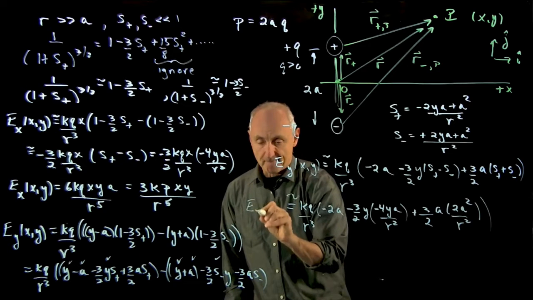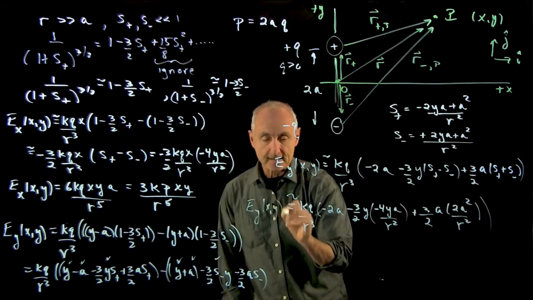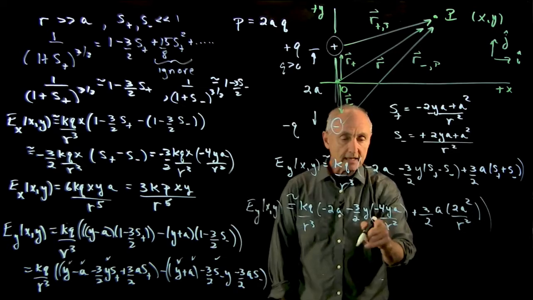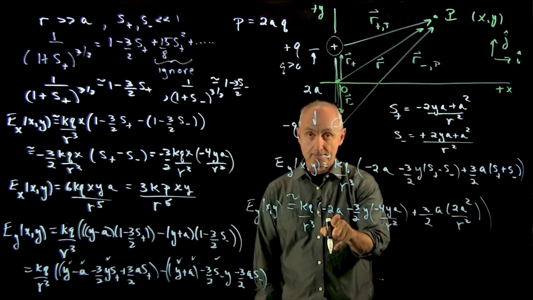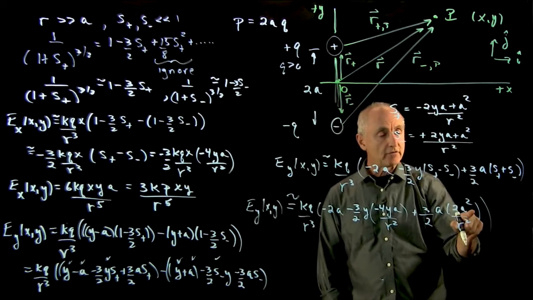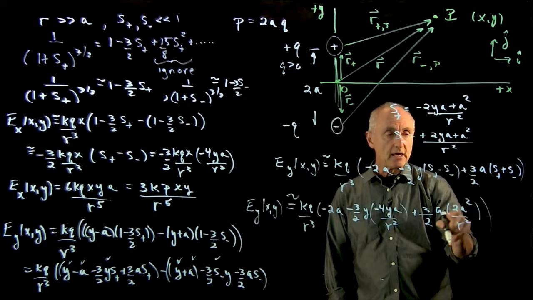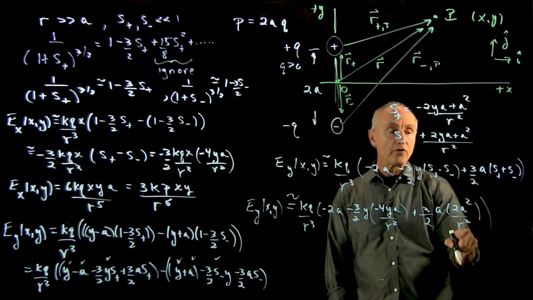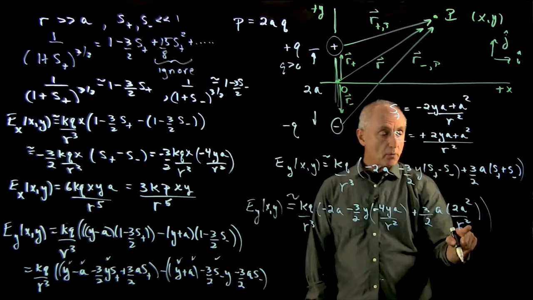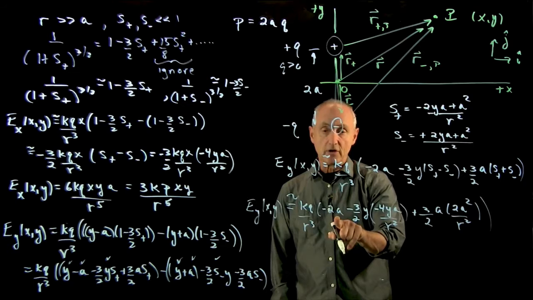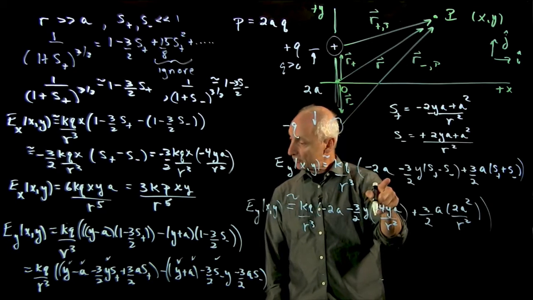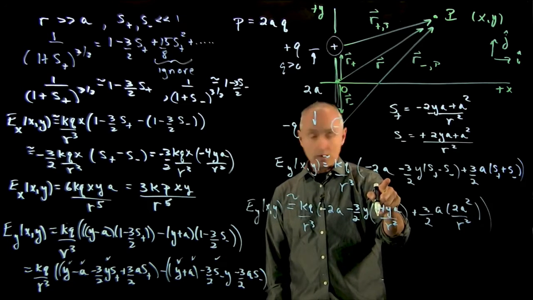We're almost there. Now, what we want to look at is these terms. Notice we have a factor 2a, and over here we have a factor that goes like a cubed over r squared. So when we compare this one to that one, it is very small. We have to be careful with our, yeah, we're OK.